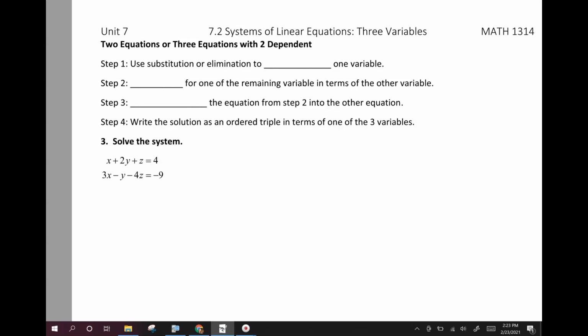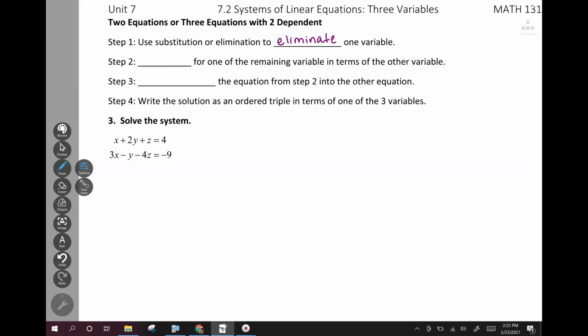So here's how this is going to work. Just follow along. Step 1, use substitution or elimination to eliminate 1 variable. So same start as when we had 3 equations. So eliminate one of those variables. On this one, you could multiply the second equation by 2, or the first equation by 3 or 4.